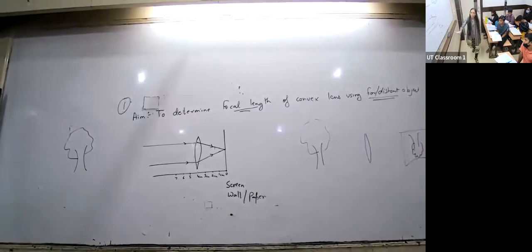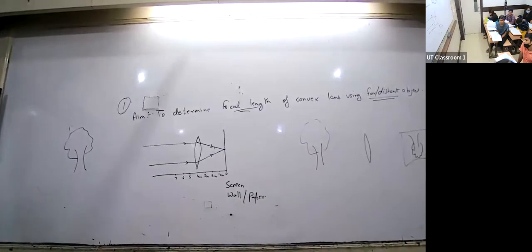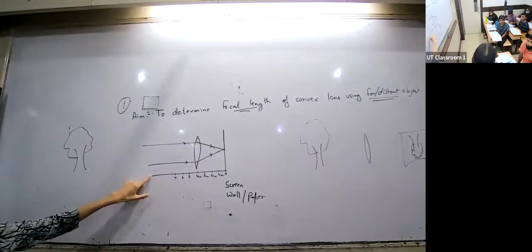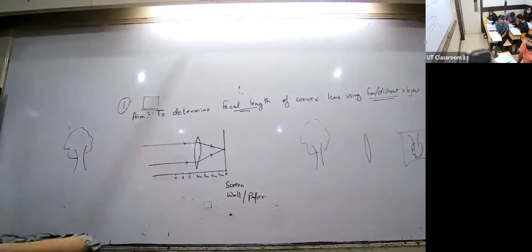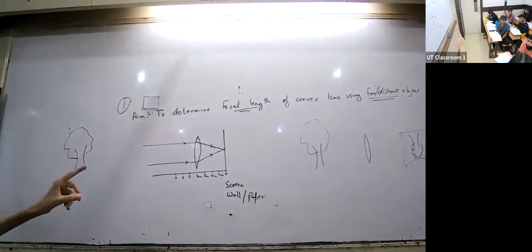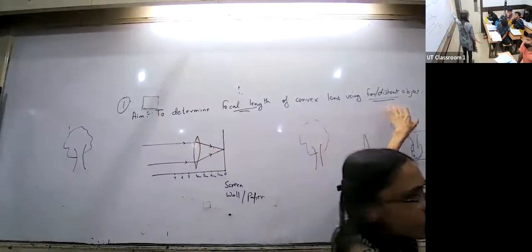Now quickly draw a simple diagram. And if you are asked in the examination to draw a diagram, which ray diagram will you choose for this? If I ask you, a child performs an experiment to find the focal length of a convex lens using a distant object.